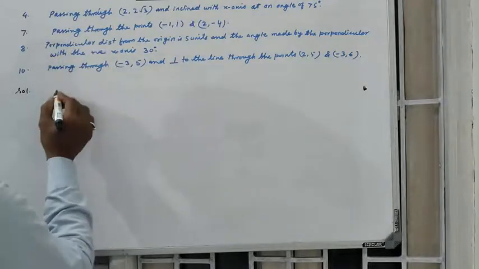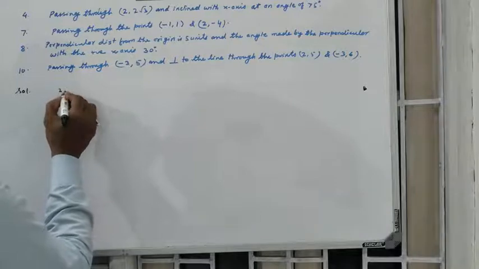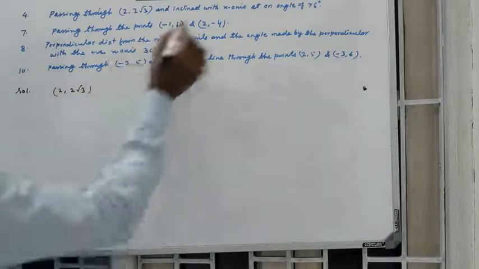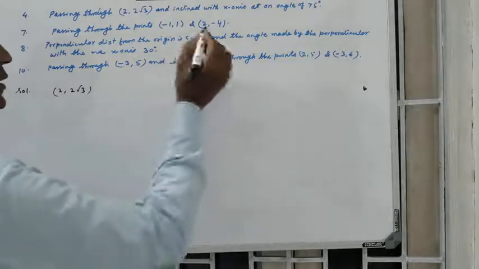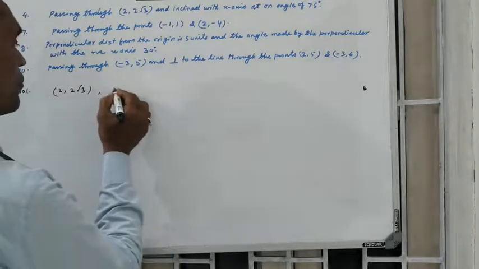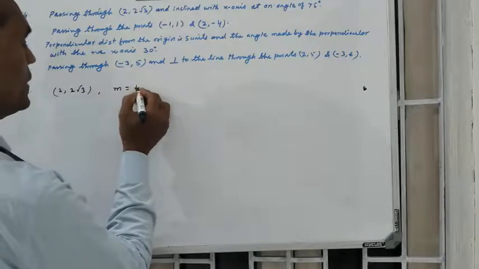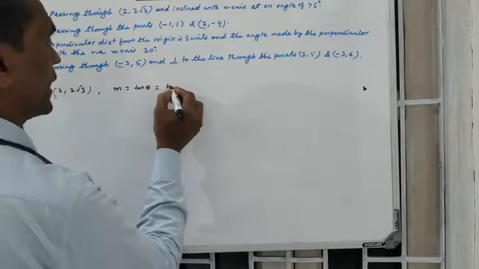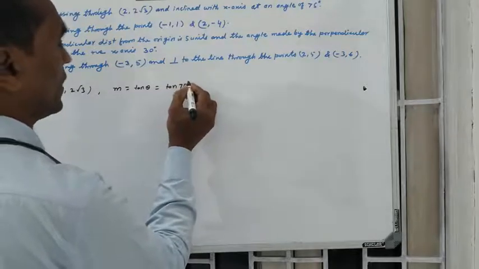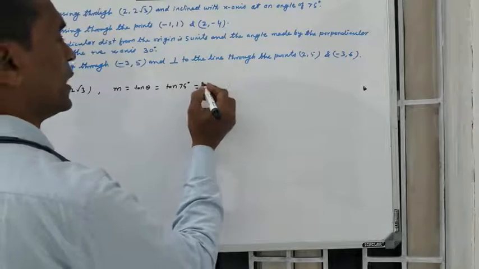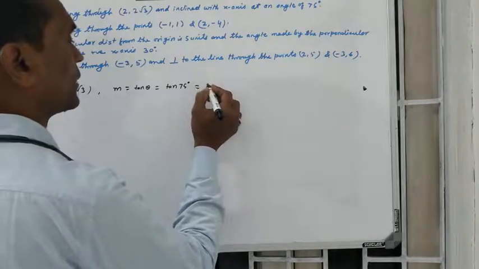So here point is given, point is 2 comma 2 root 3. Inclination is also given. With the help of this inclination we can get the slope of this line. Slope will be tan theta, and here theta is the inclination, so tan 75 degree. Now you find the value of tan 75 with the help of trigonometric formula.